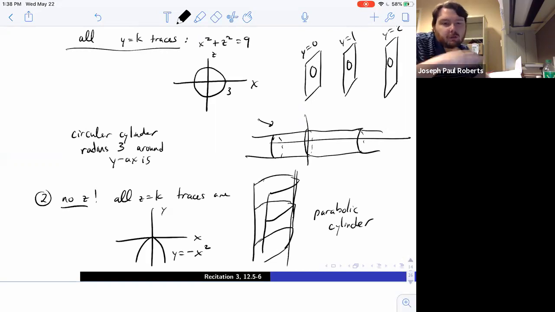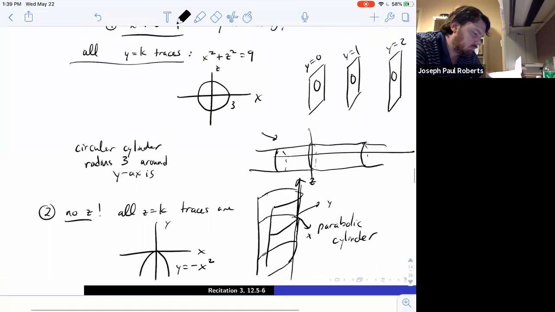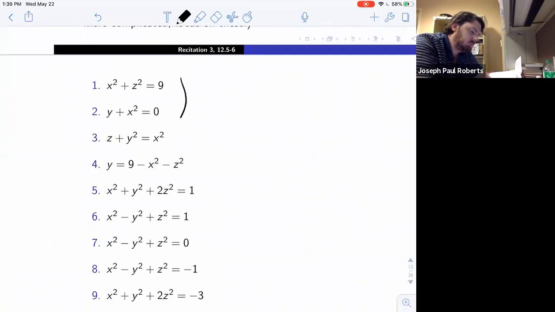All of the cross sections at different z levels are the same parabola, y equals minus x squared. So missing variable, some kind of cylinder.